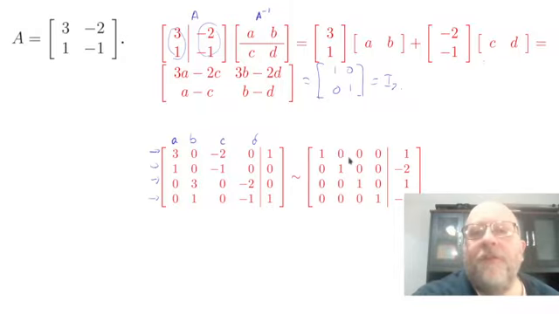When we row reduce this, we get this system here that says A is equal to 1, B is -2, C is 1, and D is -3. And so that tells us that A inverse is the matrix 1, -2, 1, -3.